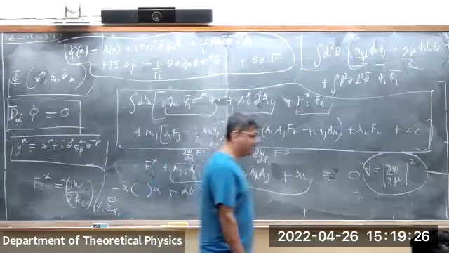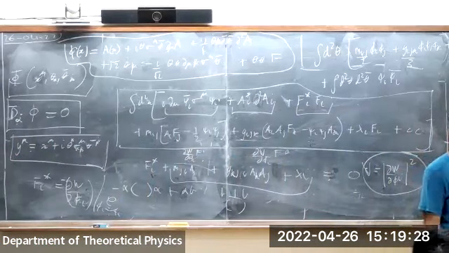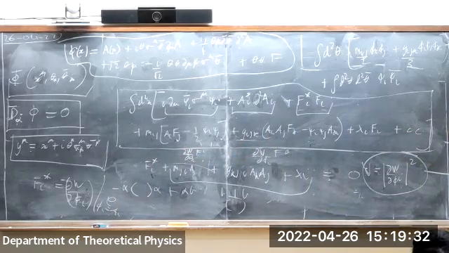So, in the counting, we have 1 degree of freedom for a real scalar field. What is the number of degrees of freedom in each phi? In each scalar, each A?